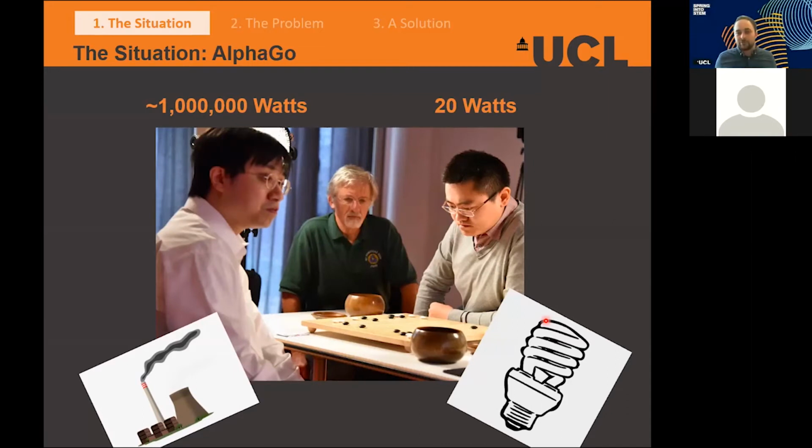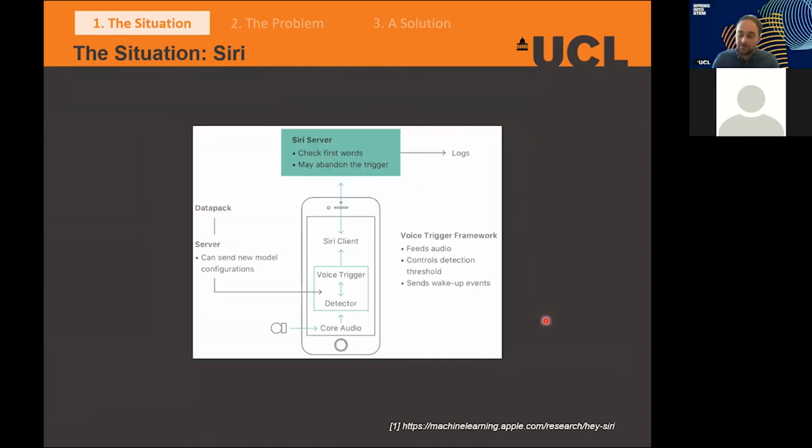Of course, this kind of effect and inefficiency affects us at a much more personal, closer level. And that comes in the form of our mobile phones. Most people would assume that Siri's work is carried out on the phone, but that's only partly true. When Siri's in a low power mode listening for those two trigger words, hey Siri, even it has some machine learning analyzing the audio, but even when it thinks you said it, it's not entirely sure.